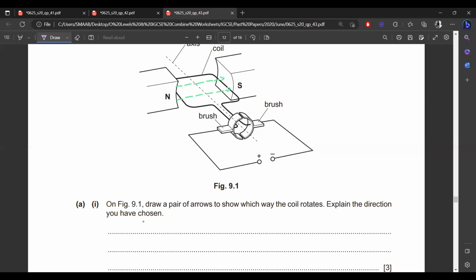Positive. Yes. So if current starts moving from the positive side, it will pass from the left hand side. From the left hand side, current is moving into the page, like this, because the diagram is a 3D diagram.